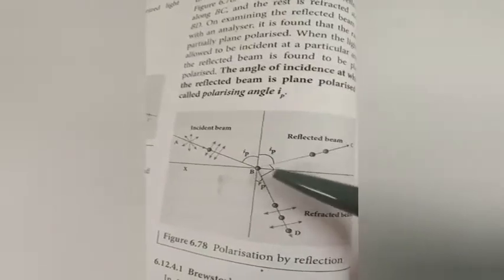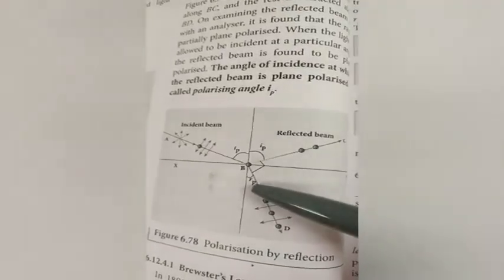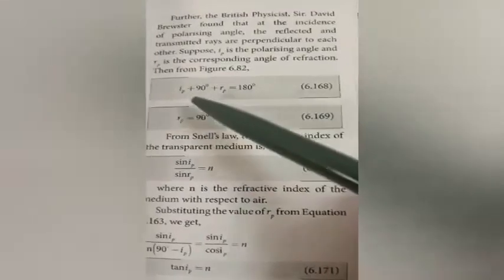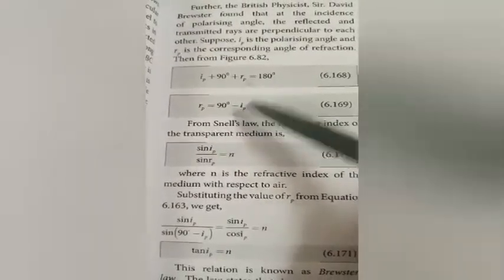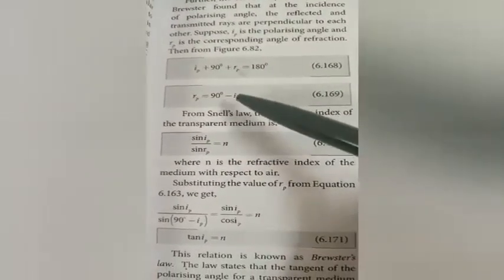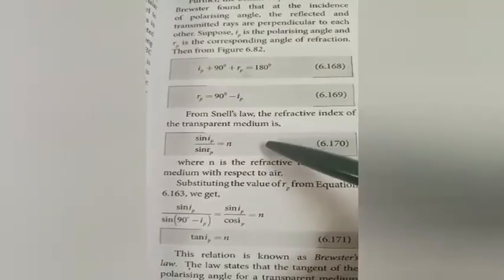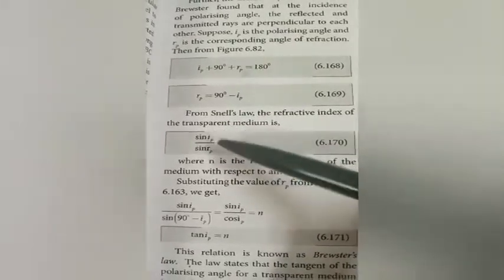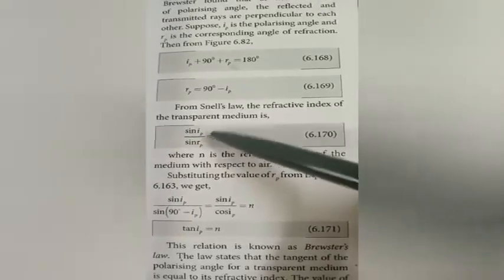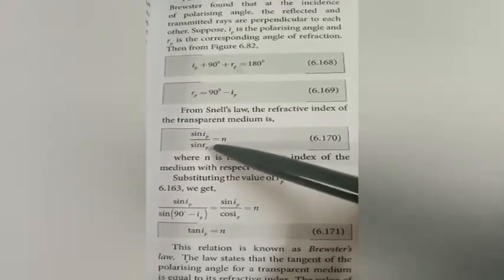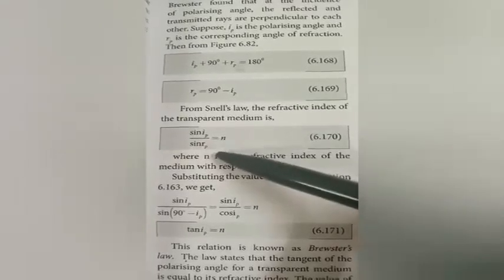Now let's see the derivation. IP plus 90 degree plus RP is equal to 180 degree. Rearranging, RP is equal to 90 minus IP. Then substitute this value in Snell's law: N is equal to sin I by sin R. Here, the polarizing angle IP divided by the polarizing refraction angle RP.